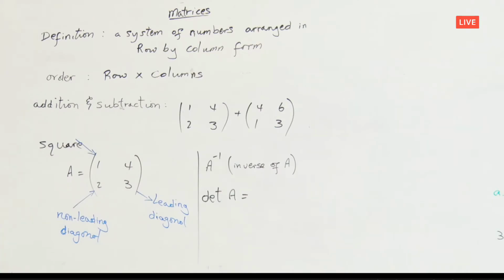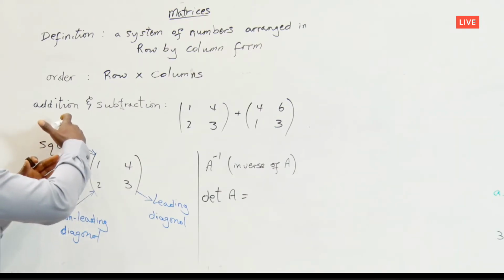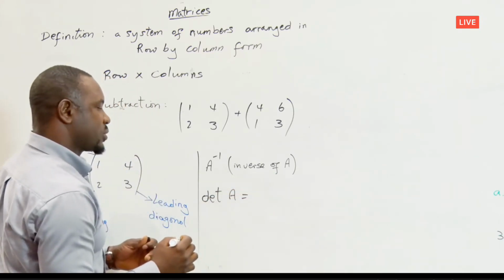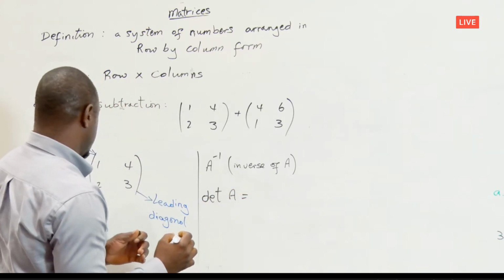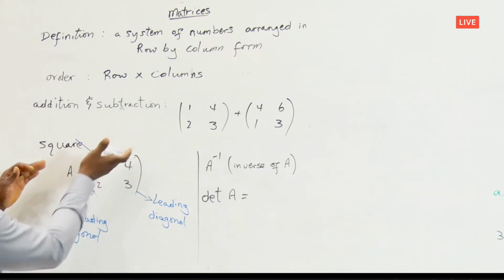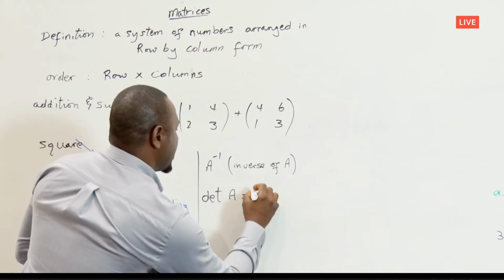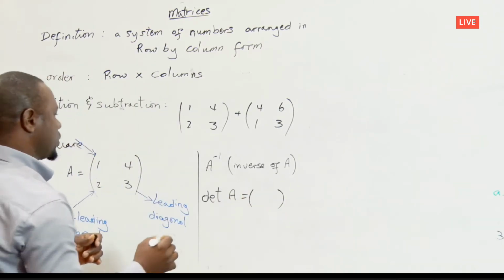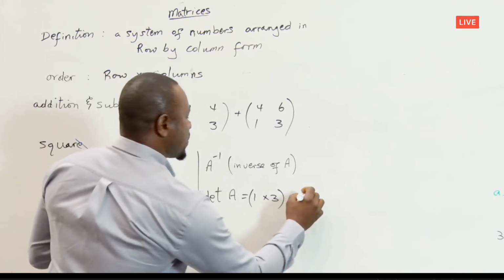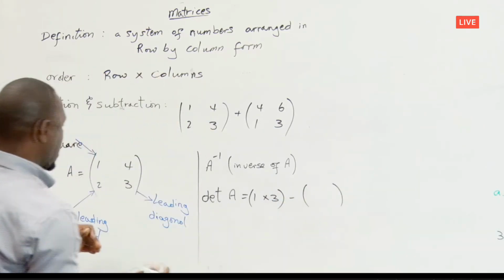And the three-step we used was first to find the determinant. So we are going to use shorthand, okay? And we said det of A. The determinant is basically taking the product for the members on the leading diagonal, and we subtract the product of the non-leading diagonal.